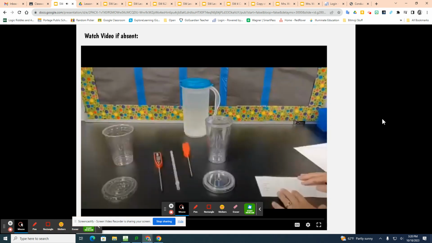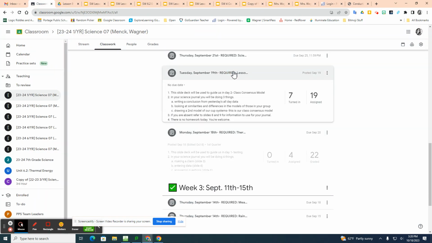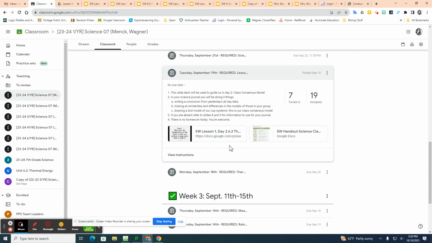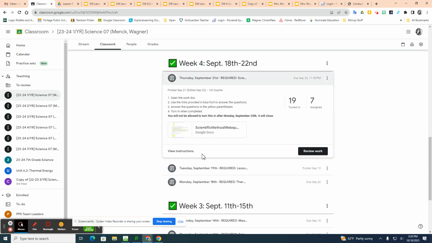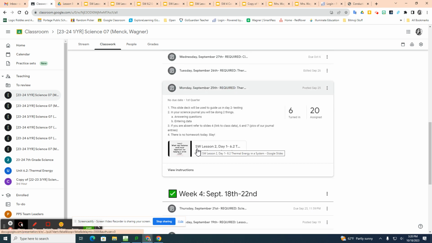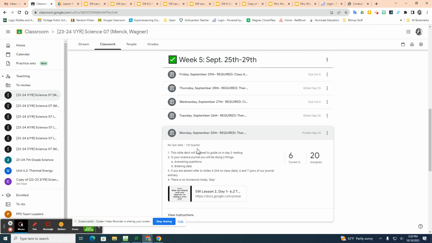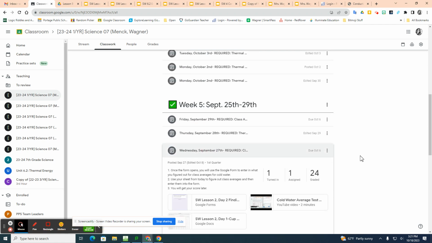There we go. All right, so there's the picture of the journal for day 1 of lesson 1. And all of these lessons in Google Classroom have pictures of what we put into our journal. So even if you don't have your journal, you can go to these lessons. You can pull up the slide decks, find the information in the journal. It's all right there. All right, hope that makes sense.